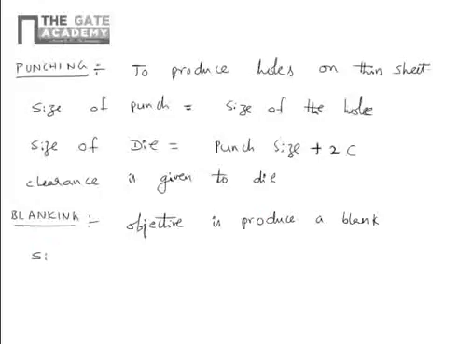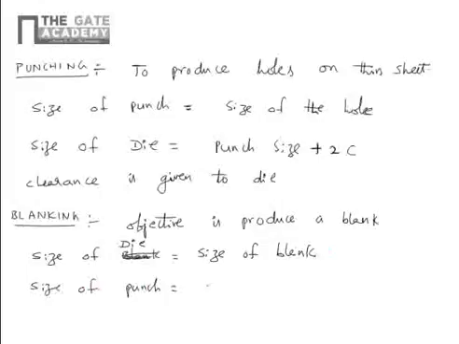So size of blank equals size of die. Size of die equals size of blank. Size of punch equals die size minus 2c.